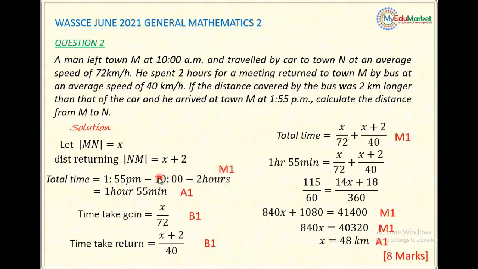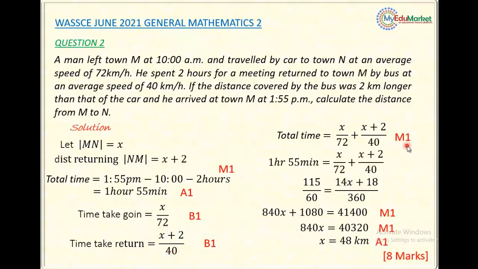Subtracting the 10 hours and the 2 hours earns the M1 mark, and getting 1 hour 55 minutes accurately earns an A1 mark, the accuracy mark. Getting the time going in terms of x earns B1, a bonus mark, and getting the time taken returning is another bonus mark. This must be accurately written.